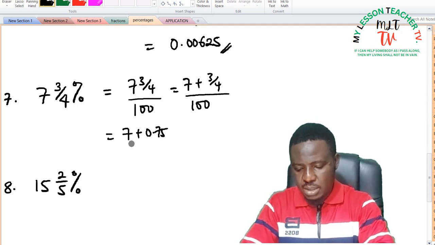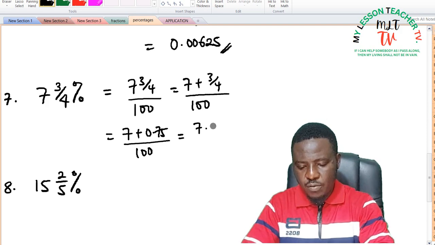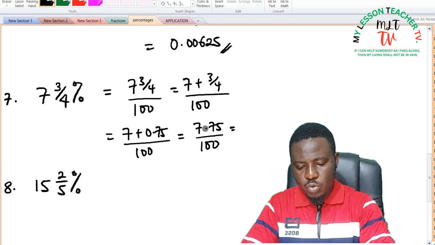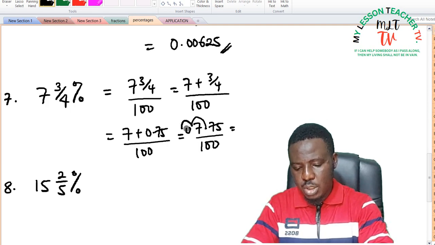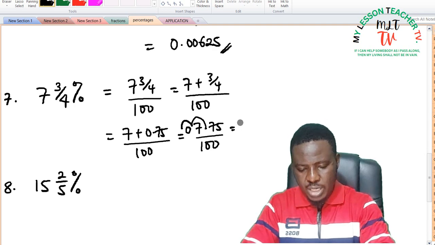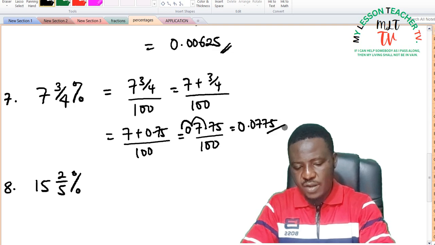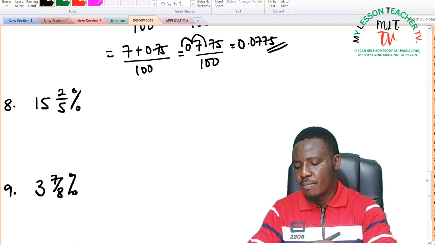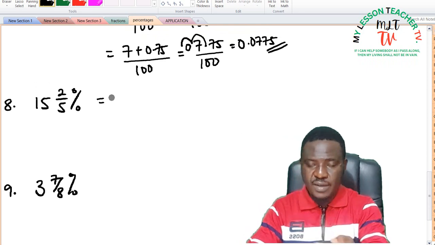You can confirm that. Divide by 100. This is equal to 7.75 divided by 100, which is equal to, you move the decimal point 2 times to your left, you will get 0.0775 as a decimal.